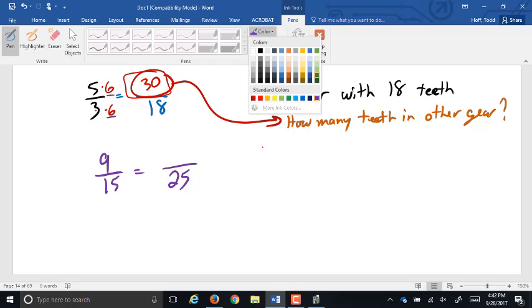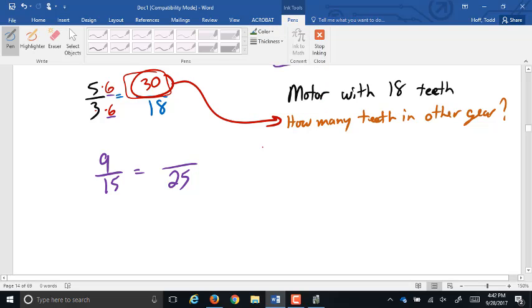Careful. It's actually 1 2/3, right? Well, how do I get the 1 2/3? Well, I can work backwards. To figure out what I'm actually multiplying by here, I'll work backwards. 25 divided by the 15, right? Once I have that number, I'm going to multiply the top by it.